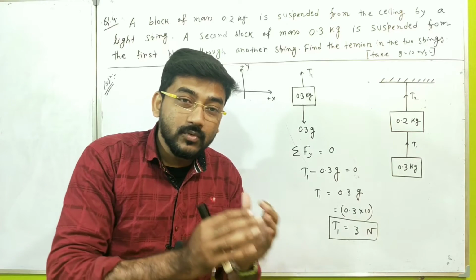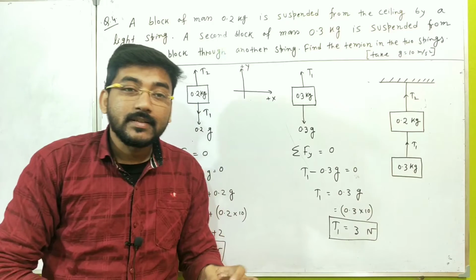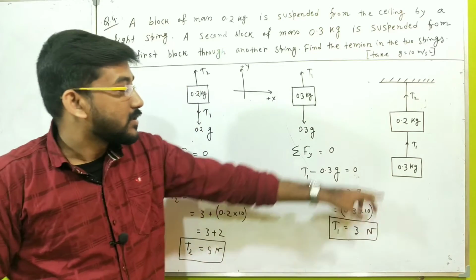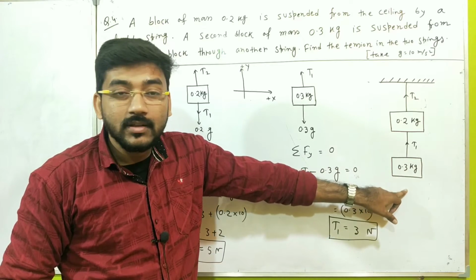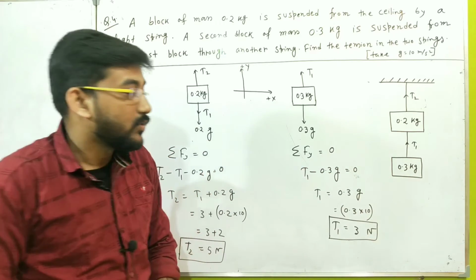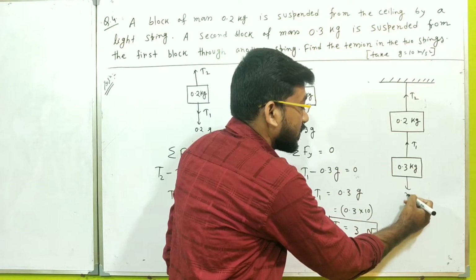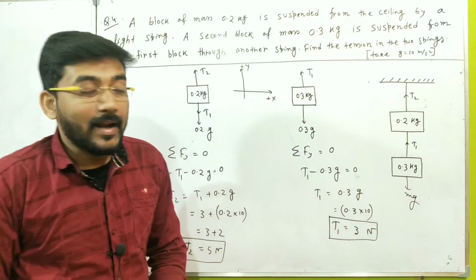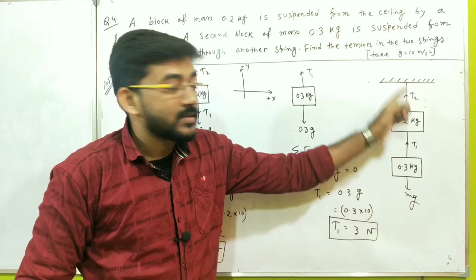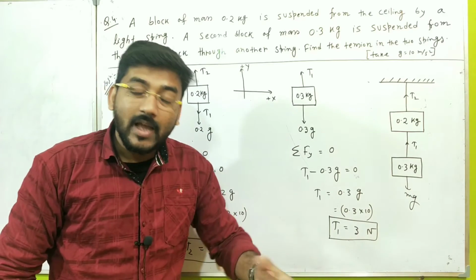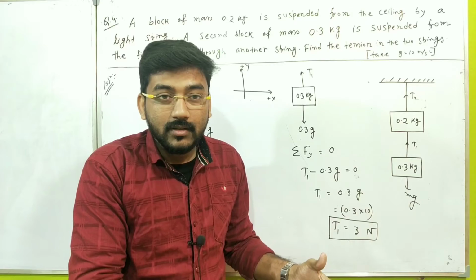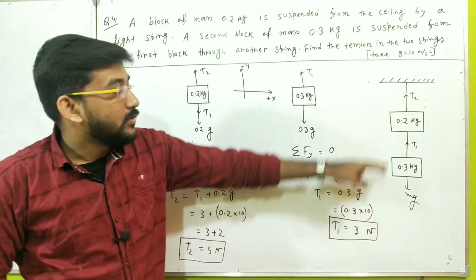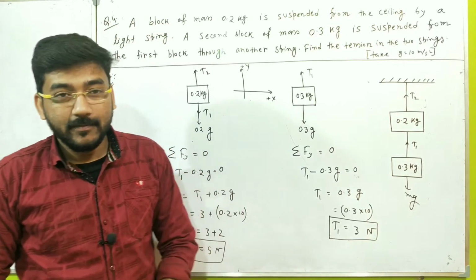We have to visualize the forces that are acting on the 0.3 kg, and two forces are acting on it. One is due to its mass, mg, that will be in the downward direction. Another will be in the upward direction, that is the tensional force. As I said earlier when I discussed the theory part, tensional force will always be away from the object.